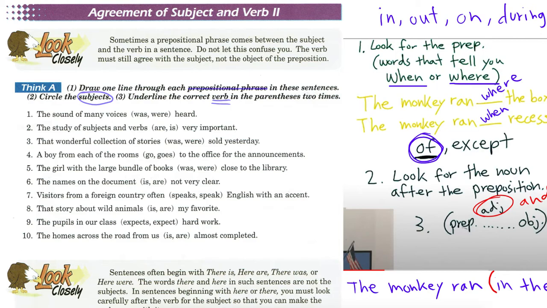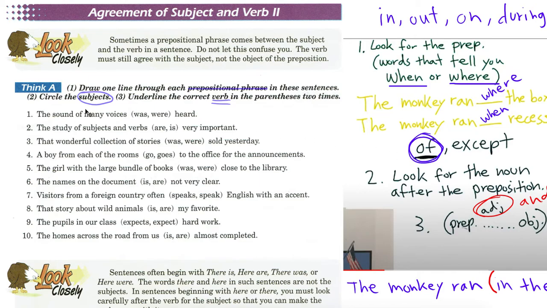Here's a sentence. The sound of many voices was or were heard. So what's the prepositional phrase here? Look for a preposition. Is there a word here that tells me where or when? Or is there one of our special words here that we can't figure out using these sentence frames? You might have noticed the of, right?